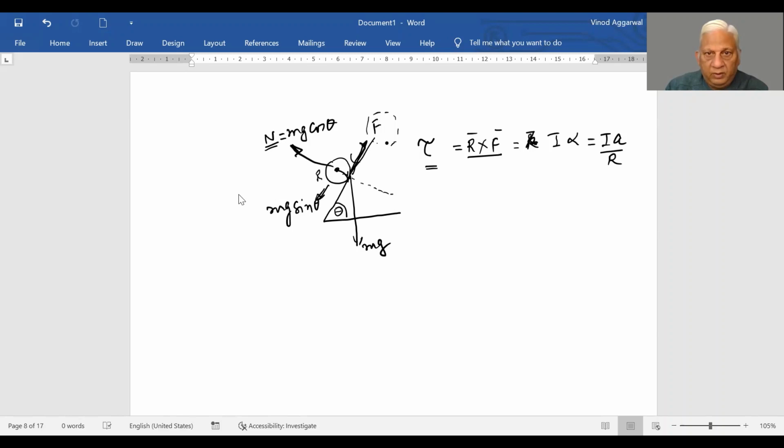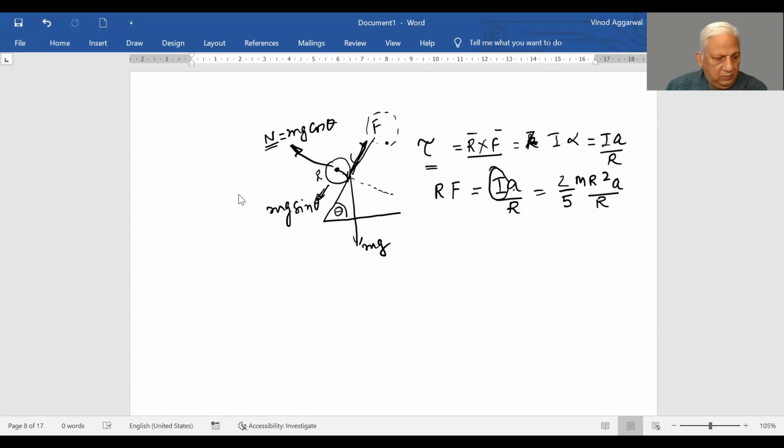So if we take RF as I, for a solid sphere I is 2 by 5 mr square, times A by R. Okay.